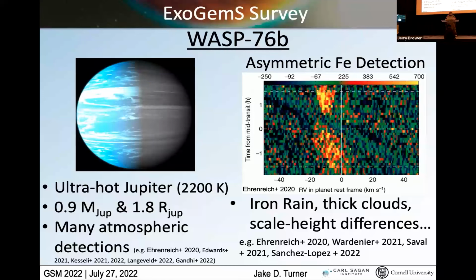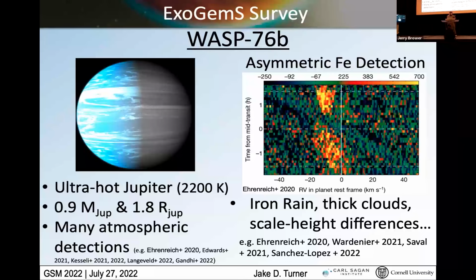Almost every high-resolution spectrograph on Earth has detected something on this planet now. And most importantly, as Megan discussed, asymmetric iron was detected. So the iron is not the same abundance across the entire transit. Because during the transit the part of the atmosphere we're looking at slightly changes, this was an indication that there's some 2D or even 3D effects going on.